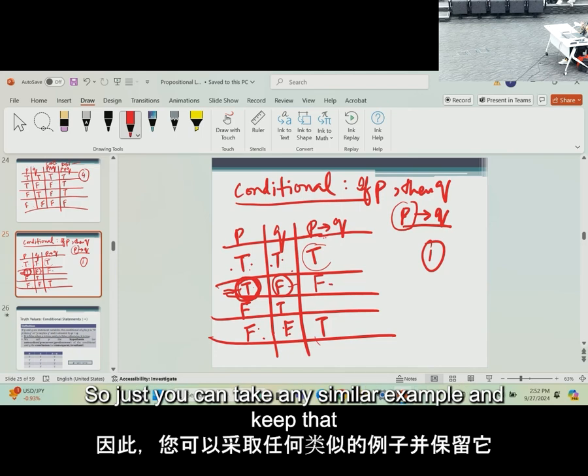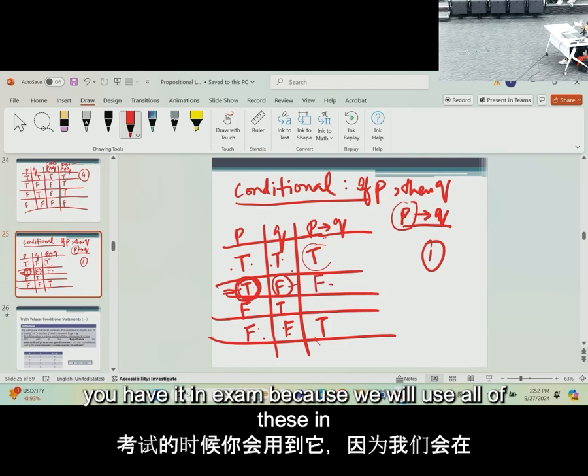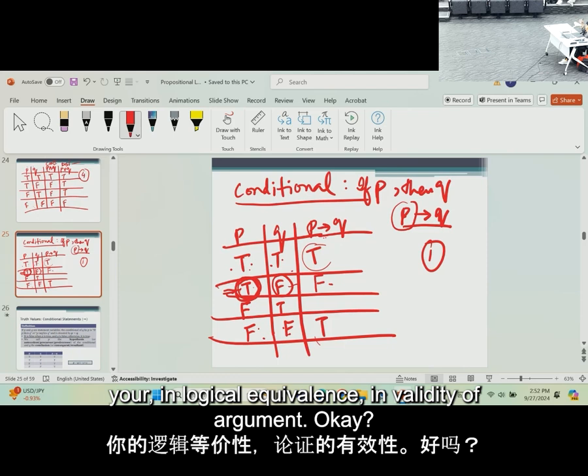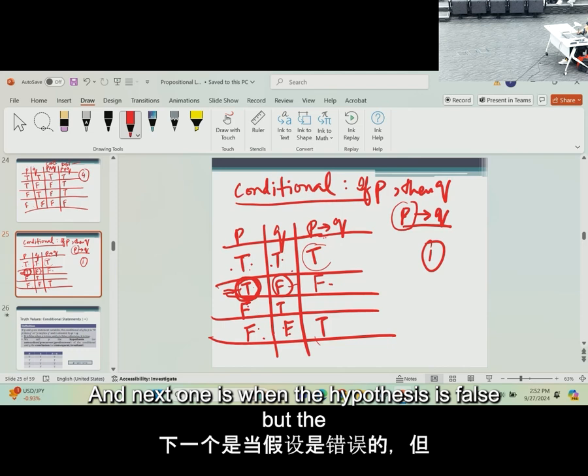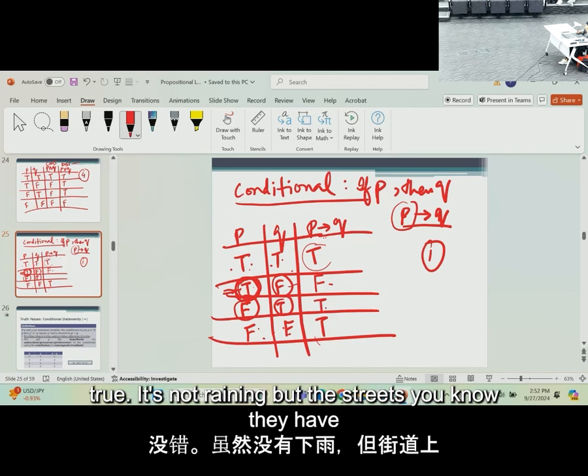So you can take any similar example and keep that in mind to write down the truth value for the conditional if you have it in the exam, because we will use all of these in logical equivalence and in validity of argument, okay? And the next one is when the hypothesis is false but the conclusion is true. In that case, its conditional will be true.